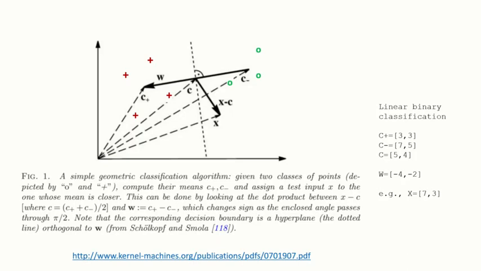The idea, I believe, is if you look at this hypothetical orthogonal line crossing C but orthogonal to W, then the dot product between this and that tells you the angle, basically. Then you use this angle to tell whether this point is towards this cluster or that cluster.